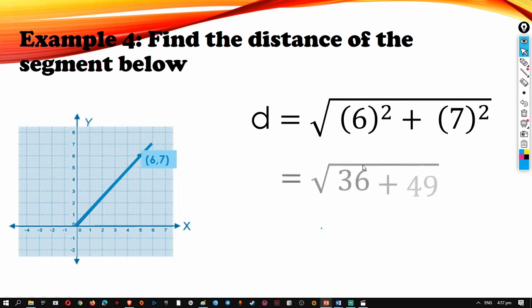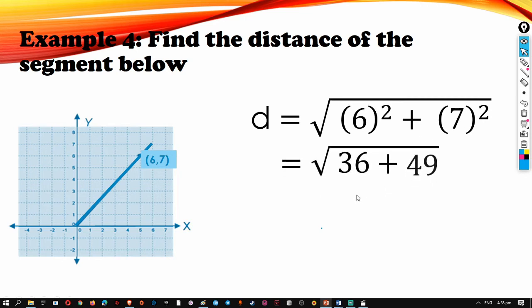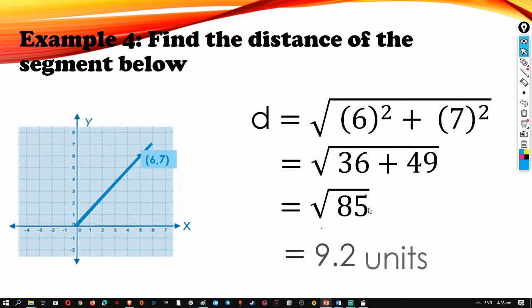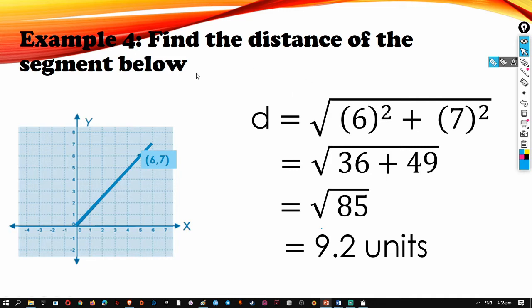That gives us square root of 36 plus 49 equals 85. And the square root of 85 equals 9.2 units. So, ayan. So, nakita nyo na yung pagkuha ng distance kapag horizontal line, vertical line, diagonal line, at kapag ang line ay nasa origin ang isa.